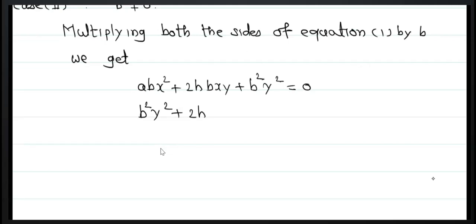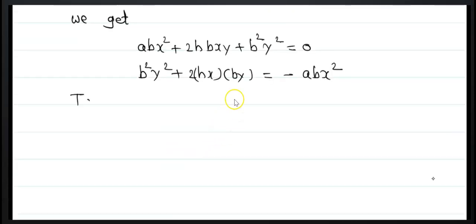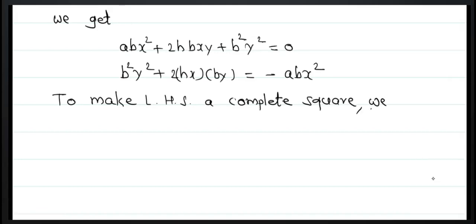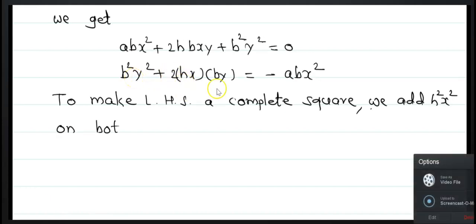That is b square y square plus 2hxby, separating these terms, is equal to minus abx square. To make the left hand side a complete square, we add h square x square on both sides. This is the first term, by is here, this is the second term.